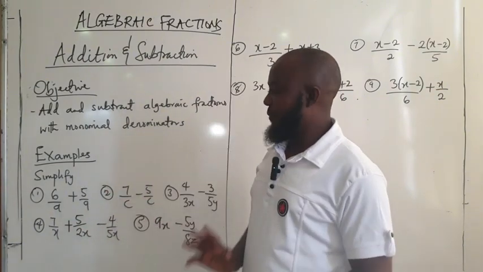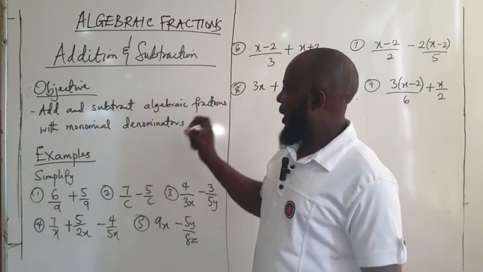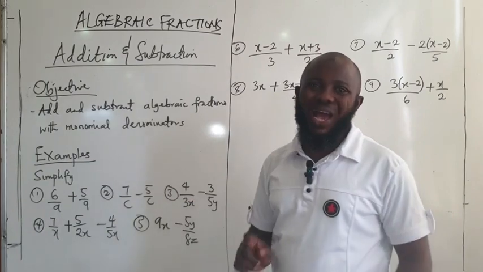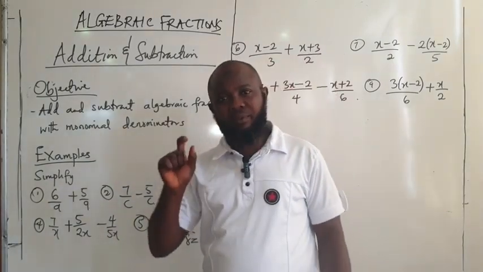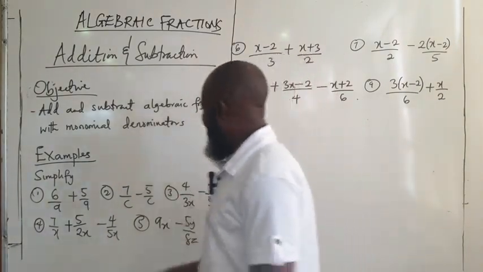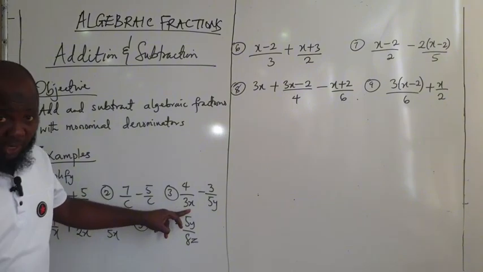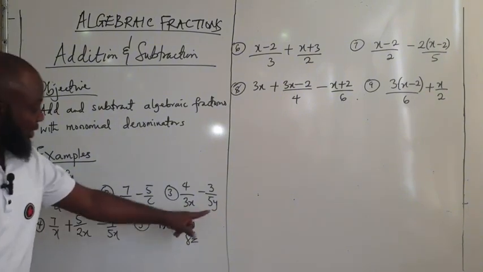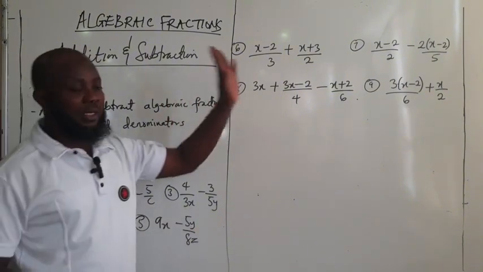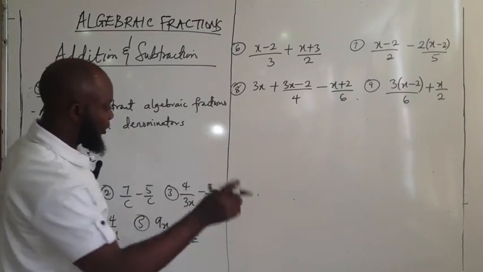So what does that mean? It means that we are looking for fractions that will have a single term in the denominator. If we look at what we have throughout here, this is a single term, a single term, a single term, this is a single term as well. So throughout they are all single terms.